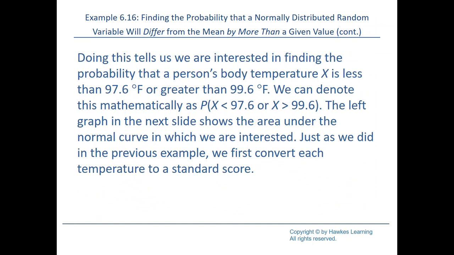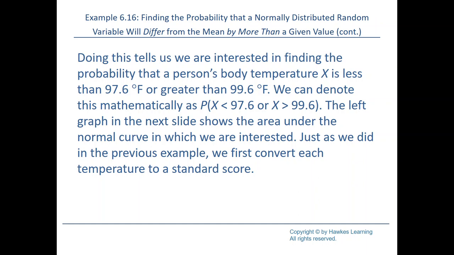Remember, we are interested in finding the probability that a person's temperature is less than 97.6 degrees Fahrenheit or greater than 99.6, because it differs by more than 1 degree, meaning in either direction, above or below. To denote this, it's very similar to the last one we did: the probability that x is less than 97.6 or x is greater than 99.6.